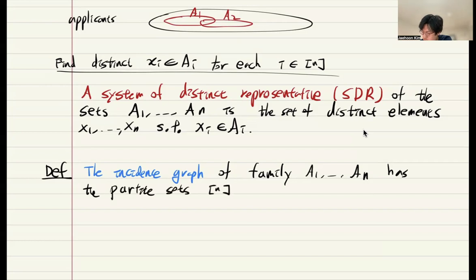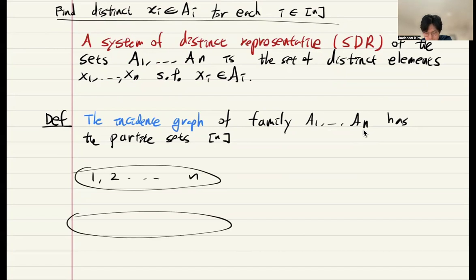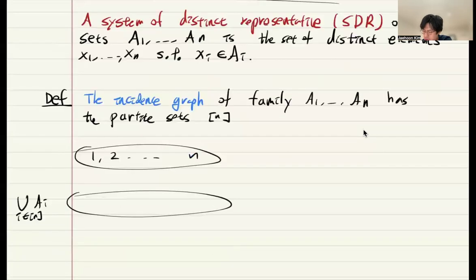On one part you have [n], 1 to n, on one side. And the other one is the union of these Ai, all possible elements in the sets Ai, who are the applicants.